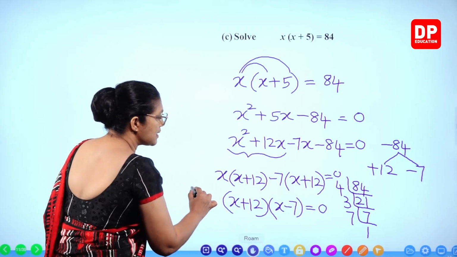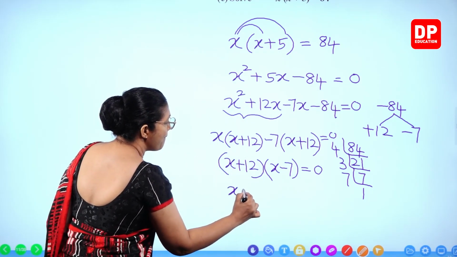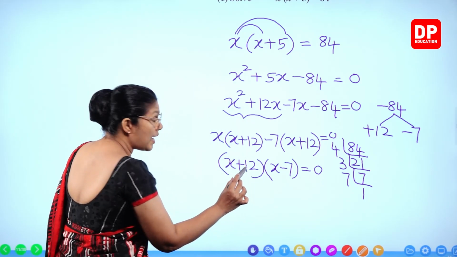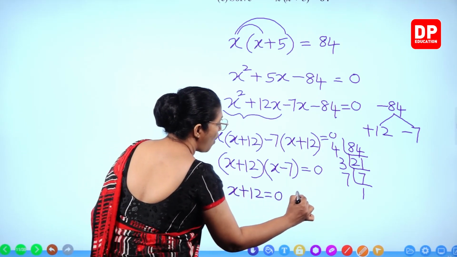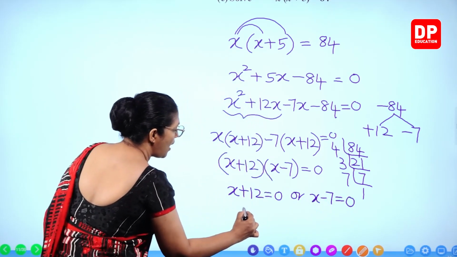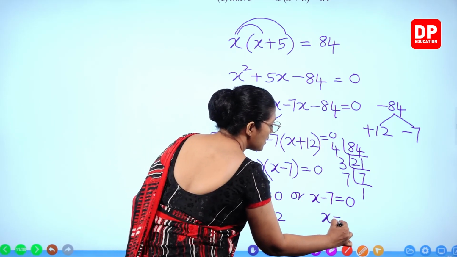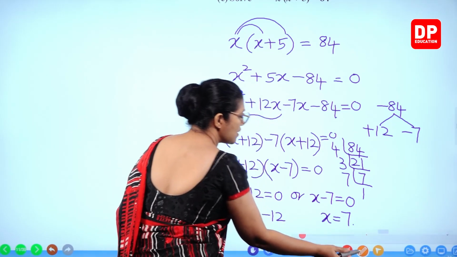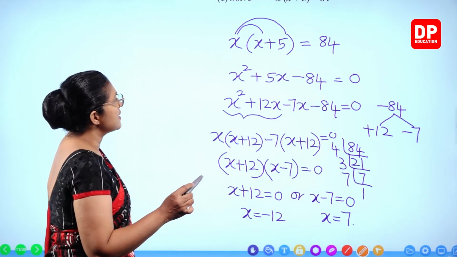So the solutions are x equals minus 12. How do you get minus 12? You can equate x plus 12 equals 0 or x minus 7 equals 0. So x becomes minus 12 or x becomes 7. So two solutions are there, one is positive and one is negative.